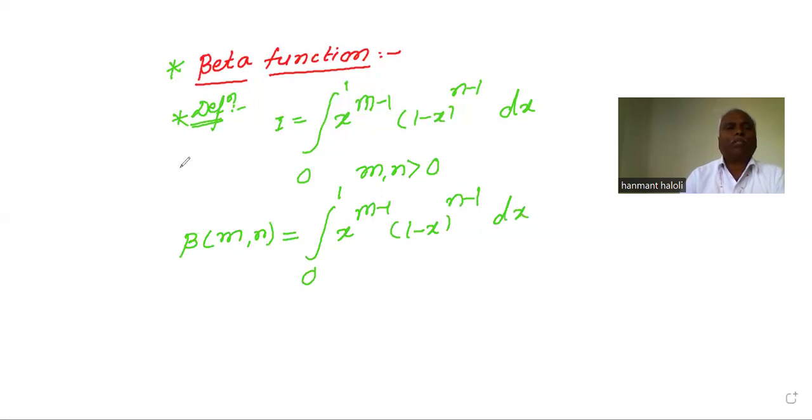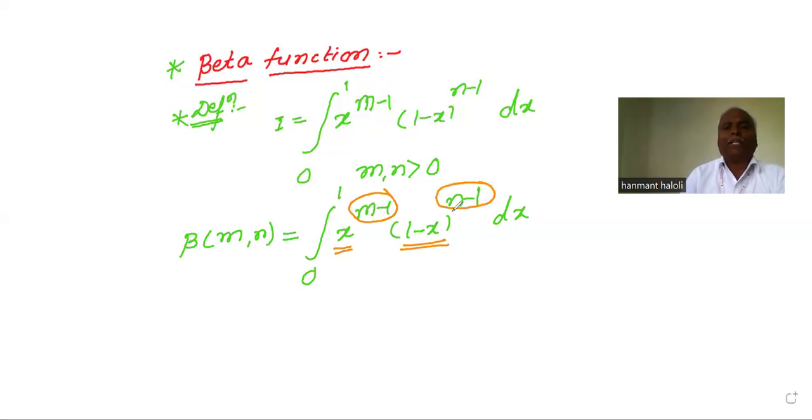Here you observe that the given integral contains two terms: x, whose power is m minus 1, and the 1 minus x term, which is the complement of x, whose power is n minus 1.